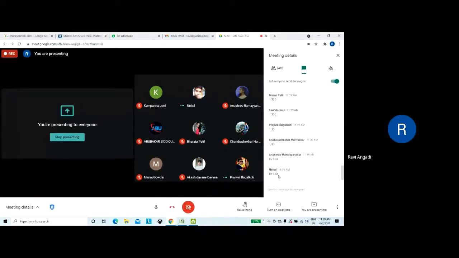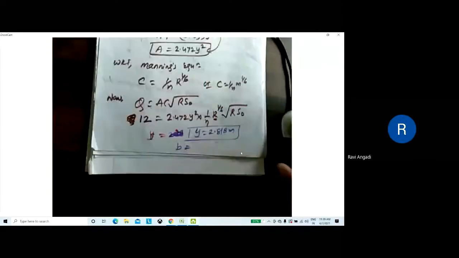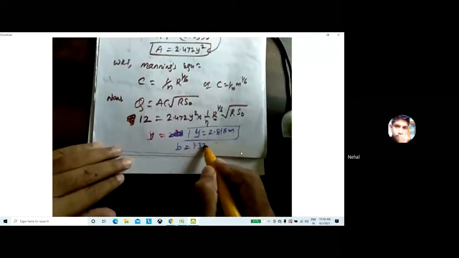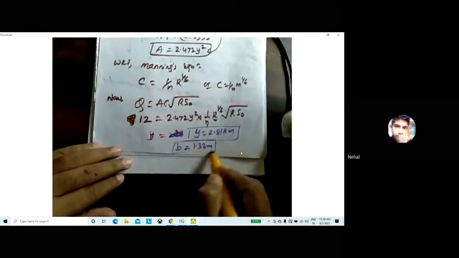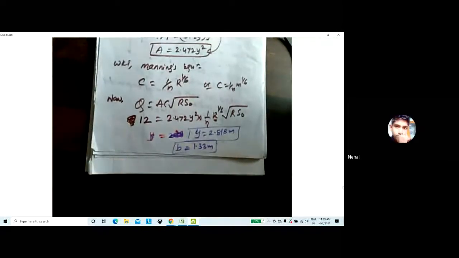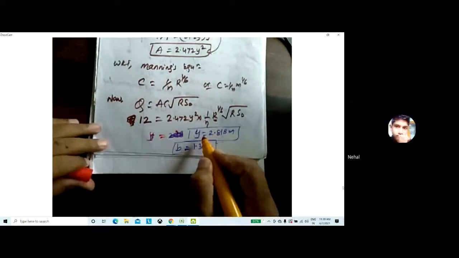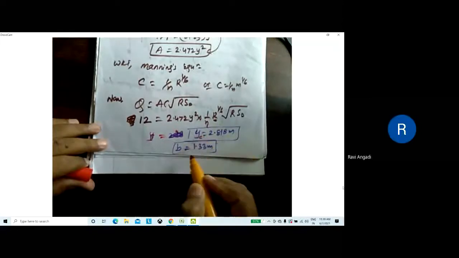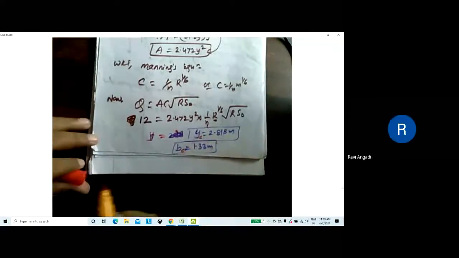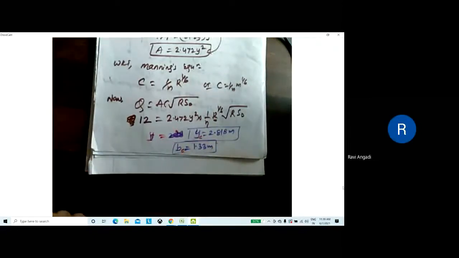Mansi Patil, what is this value? 1.33, which is the B value, right? 1.33, correct. So these are the most efficient trapezoidal channel section dimensions.